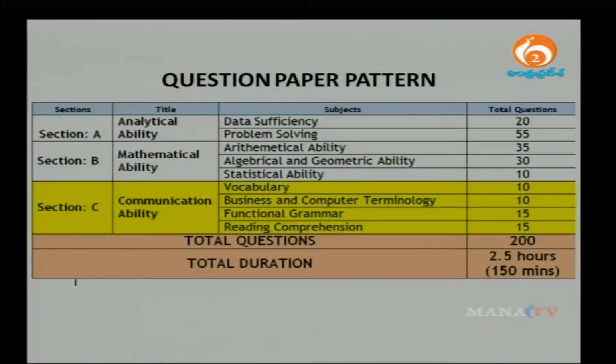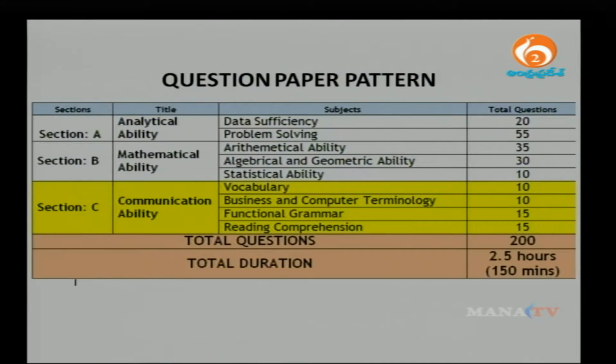Now as far as calculations are concerned for your section A and section B, obviously that is going to take time. It's understandable. Where you can save a lot of time is your communication ability. In communication ability, there are four different areas where the questions will come from: vocabulary, business and computer terminology, functional grammar, and reading comprehension.